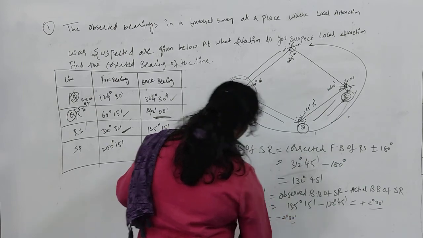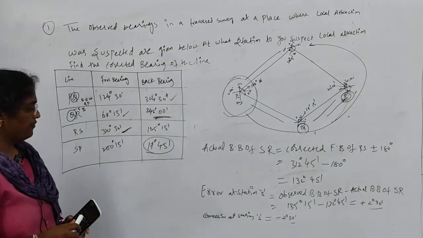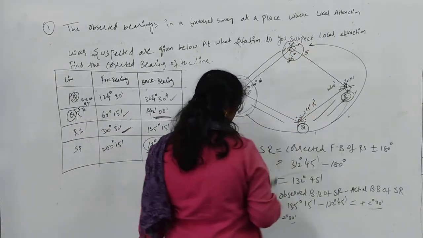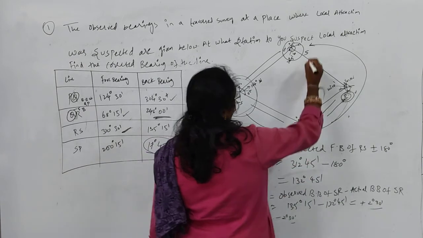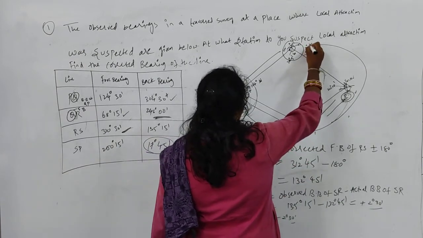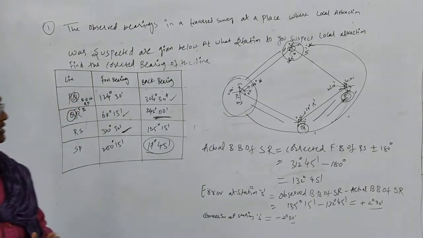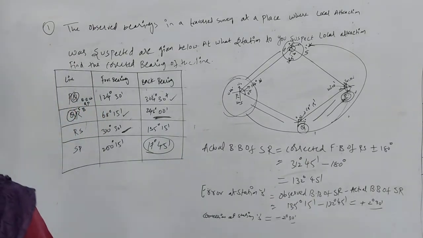Now we are standing at station S. Here you have got the 2 degrees 30 minutes correction. Now we need to apply it for the other station.